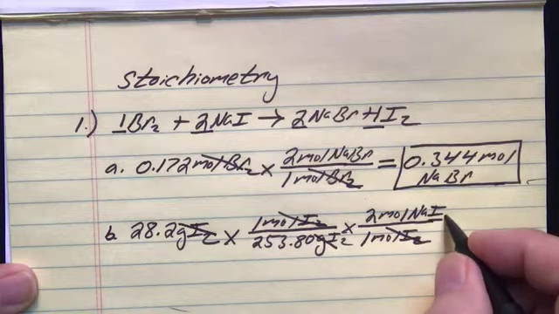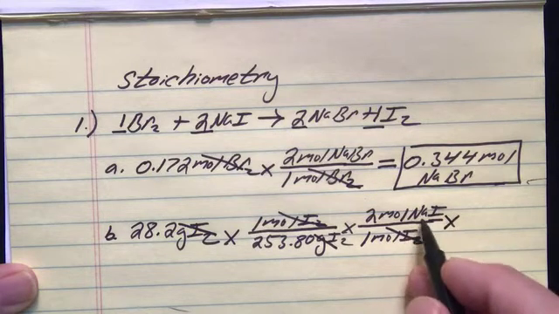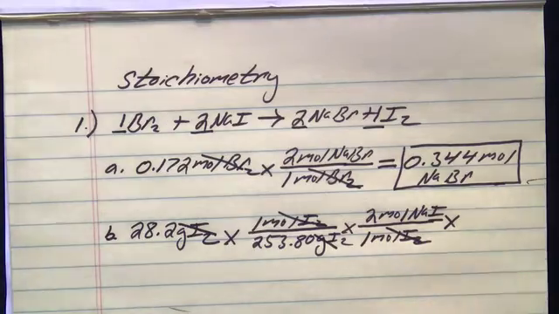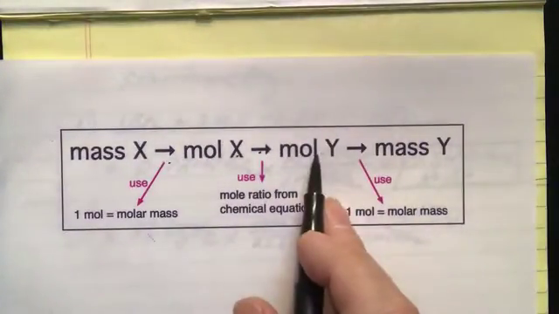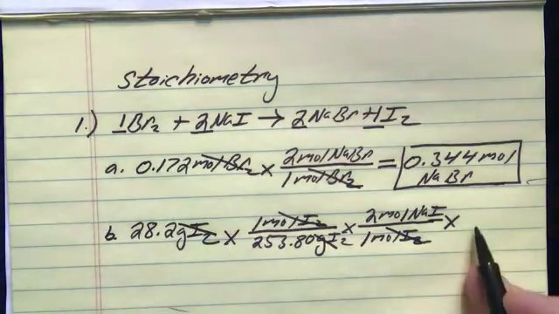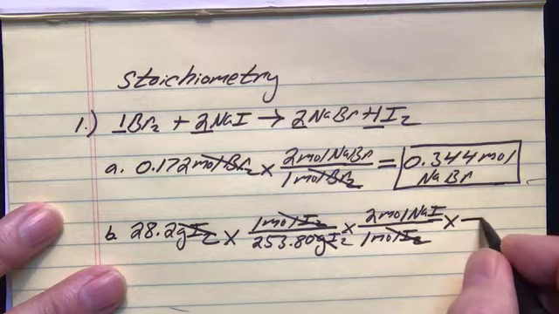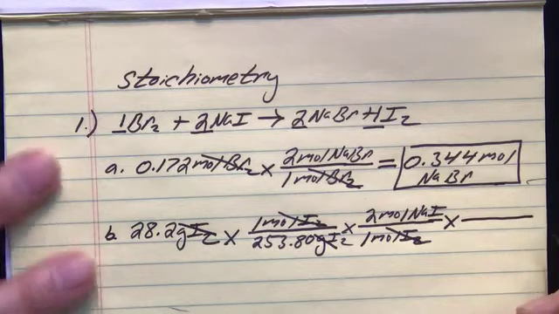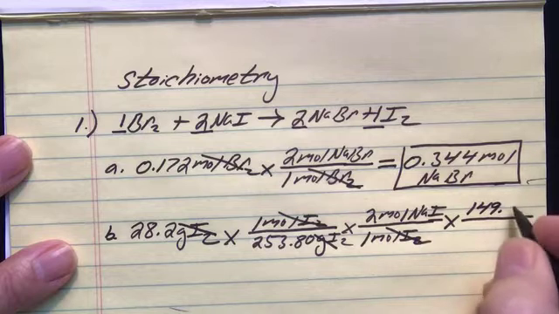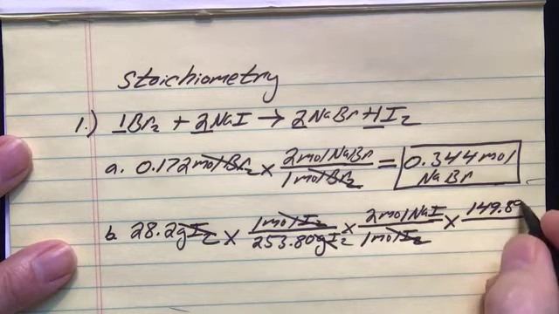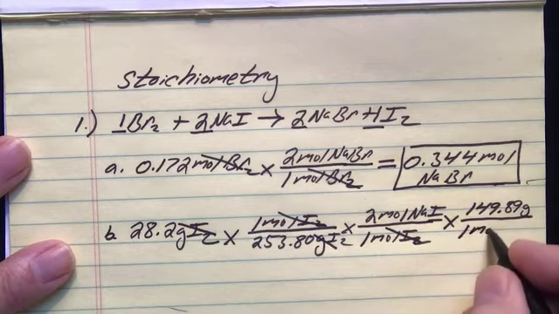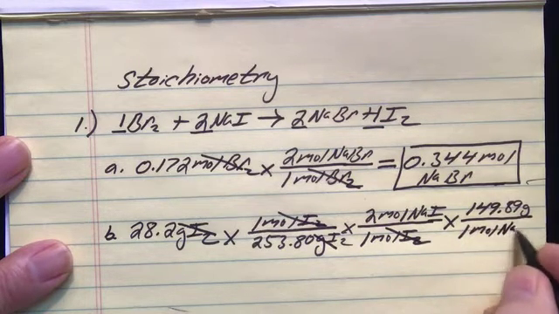And then the next is to convert the moles of sodium iodide into grams of sodium iodide. So that is this step here, moles to mass. The molar mass of sodium iodide is 149.89 grams per 1 mole of sodium iodide.